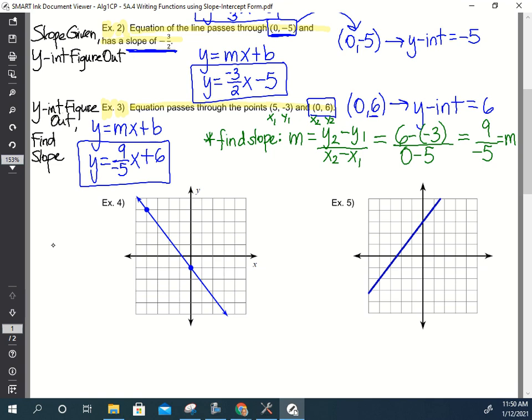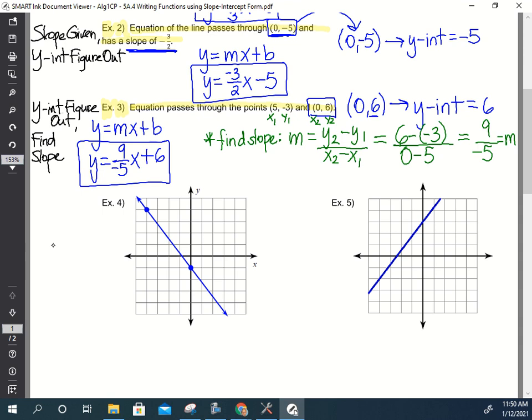So now let's do it for graphs. Examples 4 and 5, we have graphs.